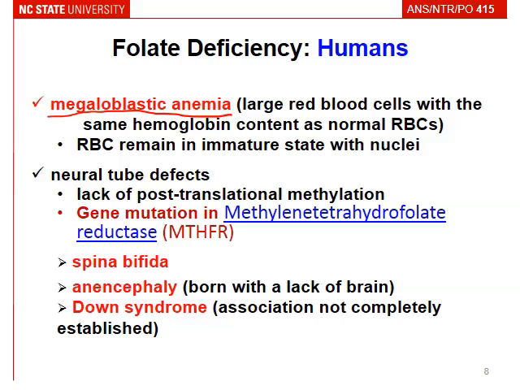And that occurs because these red blood cells are remaining in an immature state. And if you know anything about red blood cells, especially in humans, they typically do not have a nucleus. So these red blood cells actually end up having some level of nucleus remaining because they are immature and haven't had the nuclei broken up yet.